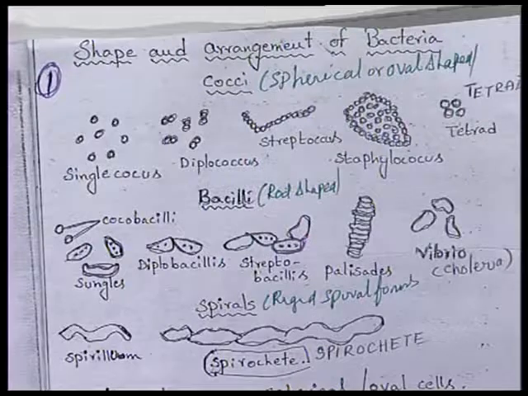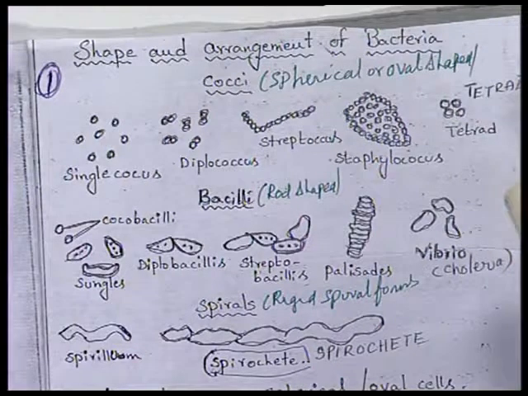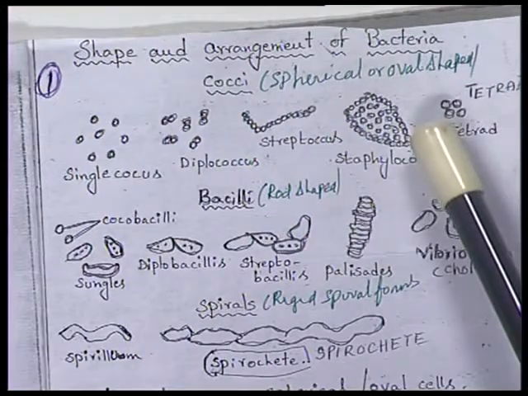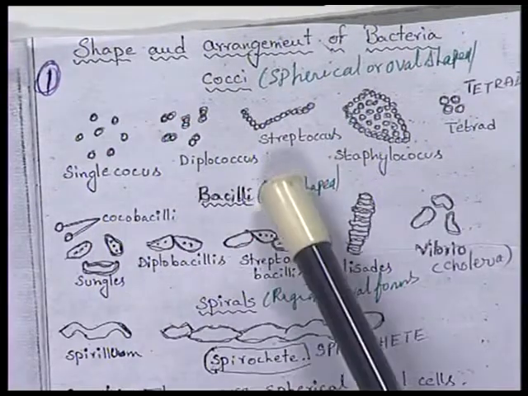If you look at the shape and arrangement of bacteria, each bacteria has got a diverse structure. Cocci, bacillus, spiral, these are the three important varieties of bacteria commonly encountered in various environmental conditions. Cocci are spherical or oval shaped. As you can see, this is single coccus, this is Diplococci.